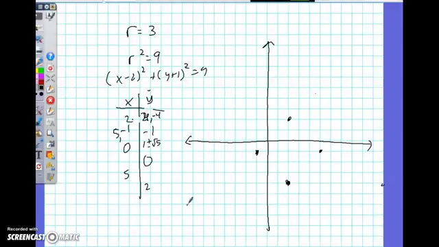About 3 point something or other, 3.2-ish. Davina, you with me? And then it's going to be negative 1.2-ish. So then I go to 0. I'm going up. That's a bad point. Wait, it should be up 1.2 and then down 3.2-ish.